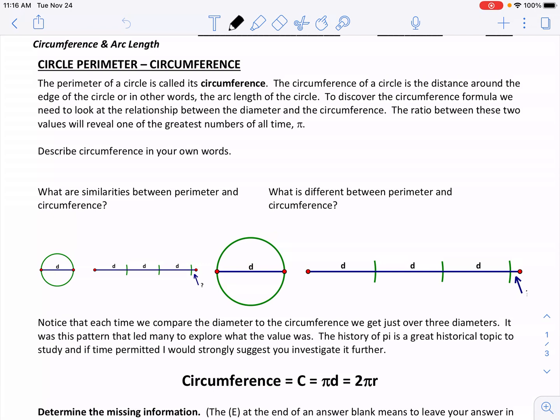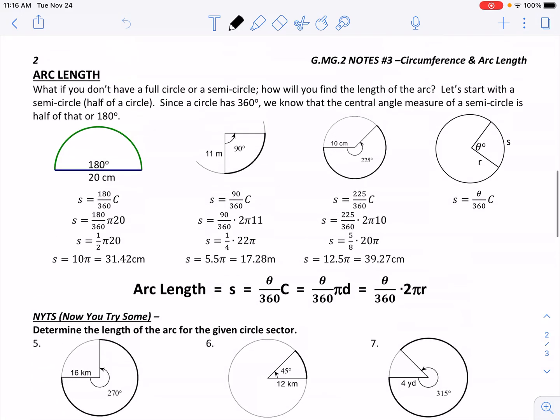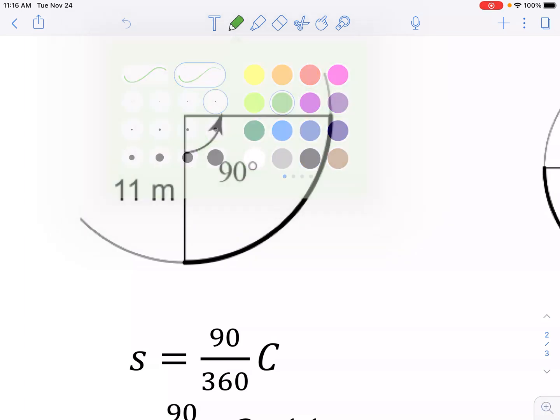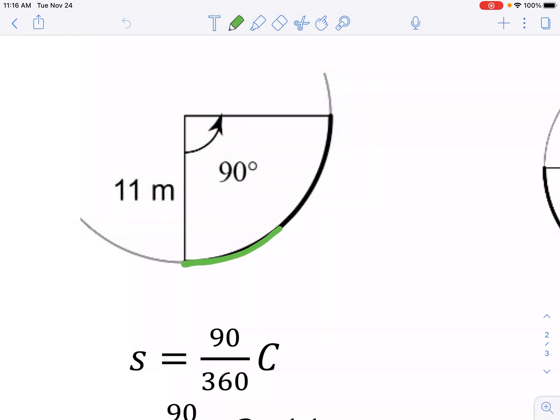Now with circles, when we're talking about circumference and arc length, we have to understand that we're only measuring that arc length, the actual arc. If we want to find the perimeter of a given figure, maybe we're going to be dealing with something like this later, we have to keep in mind that when we're talking about arc length and circumference, we're only finding this distance here. We're not including distances here and here.